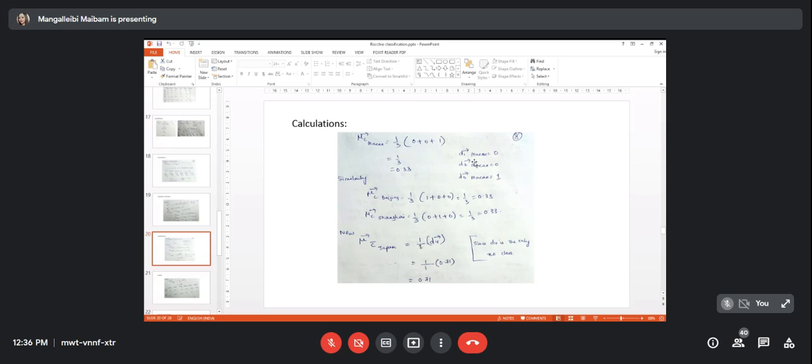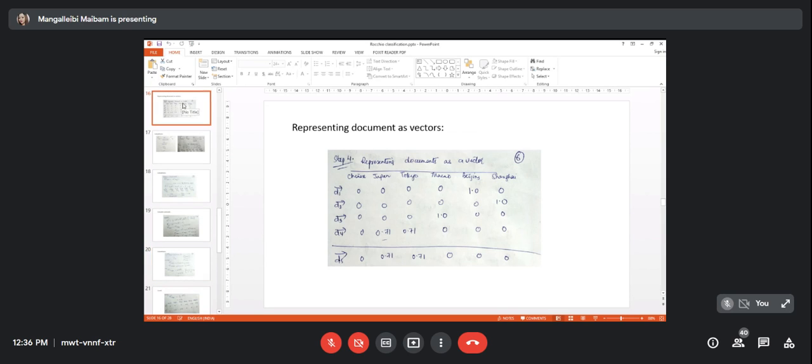You can check on the right side: the document vector for Macau in D1 is 0. You can cross-check from here. The document vector for Macau in D2 is 0, and the document vector for Macau in D3 is 1.